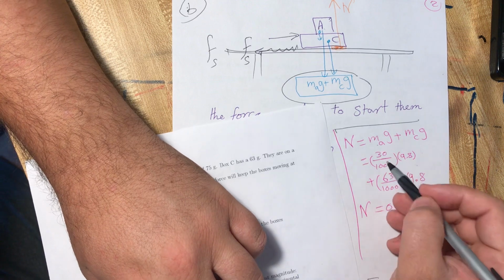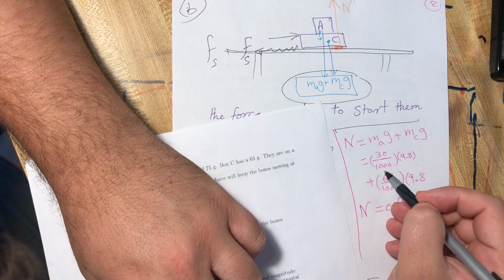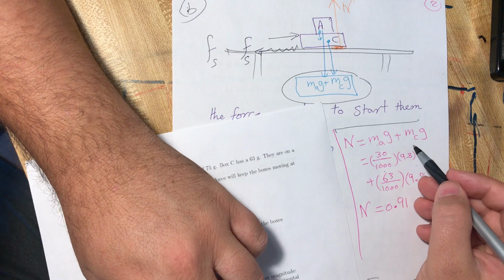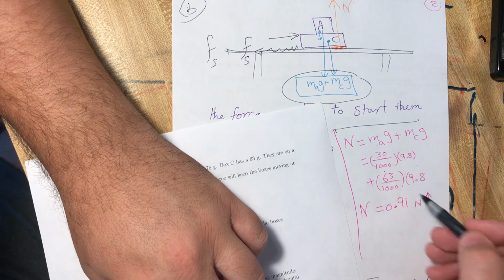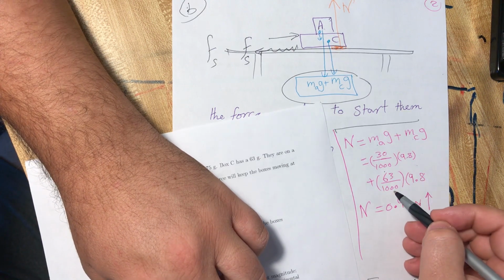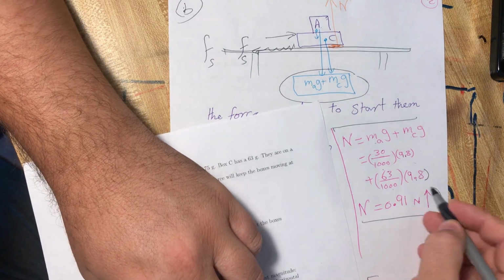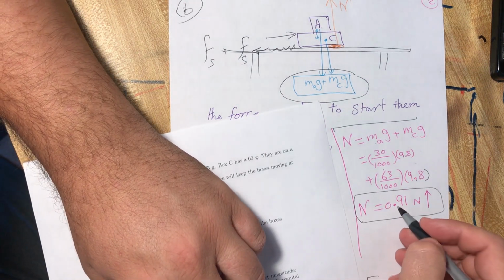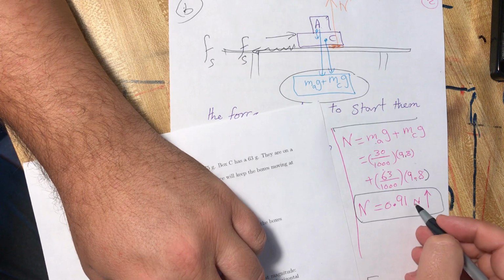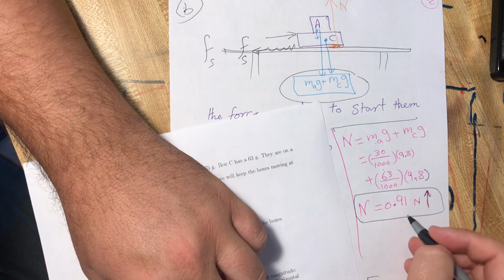This is the mass of A, which is 30 over 1,000, and the mass of C is 63 over 1,000. They are all multiplied by G. Then the normal force will be equal to 0.91 newtons upward because the weight is downward.